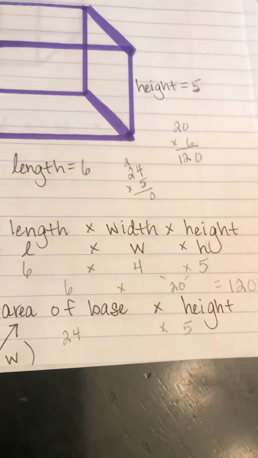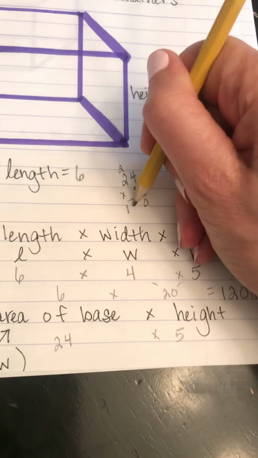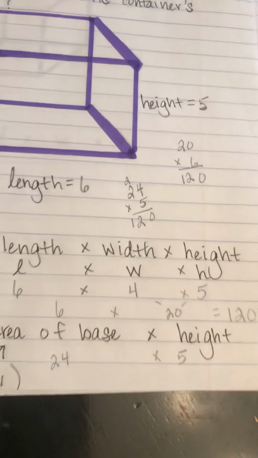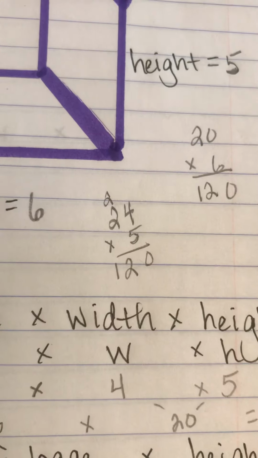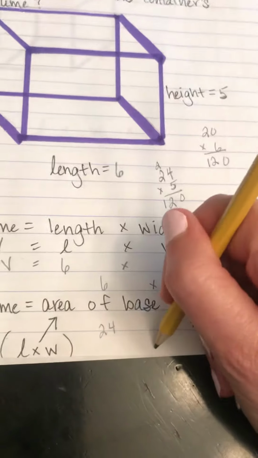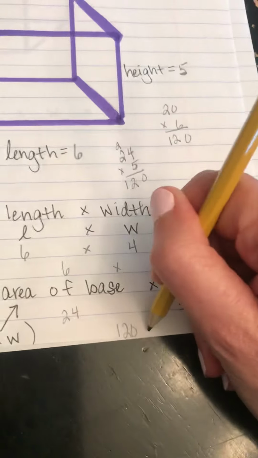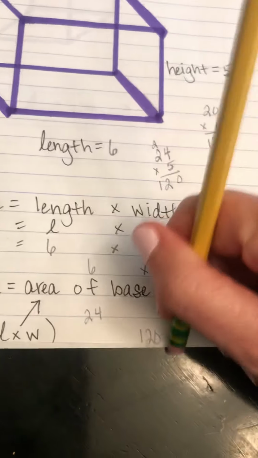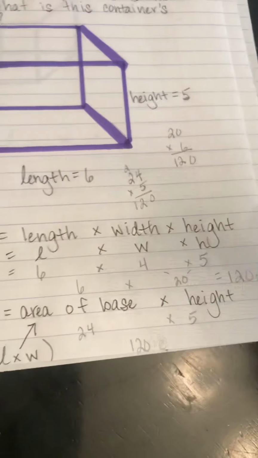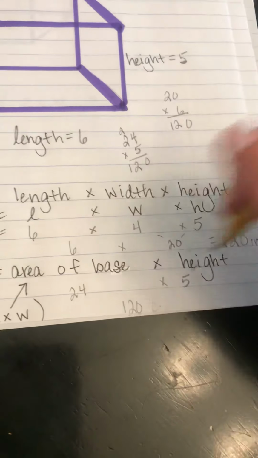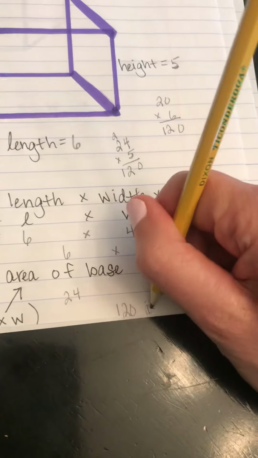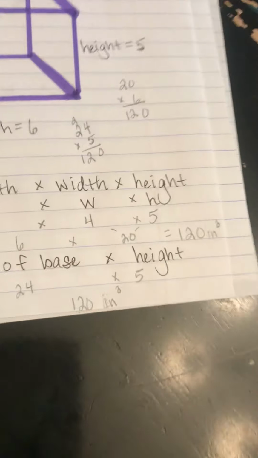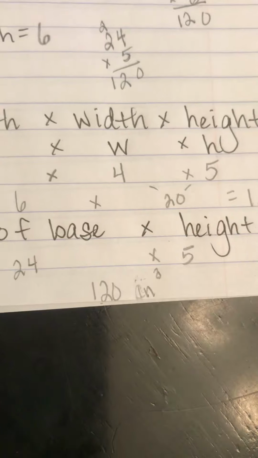And 5 times 2 is 10, plus 2 is 12. Notice we got the same answer, didn't we? So the answer doing it the other way is the same, 120 cubic inches. You could also write cubic inches.